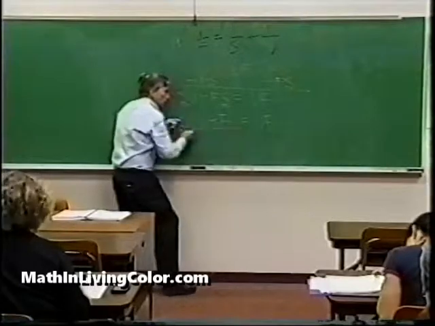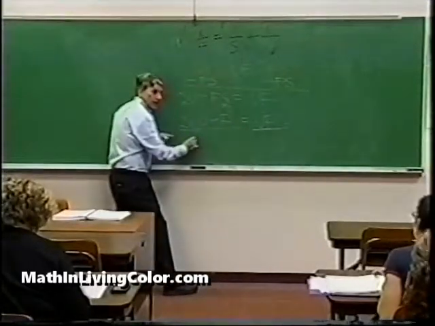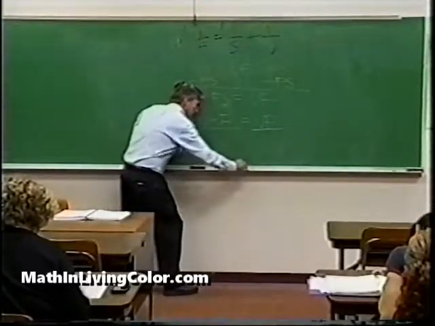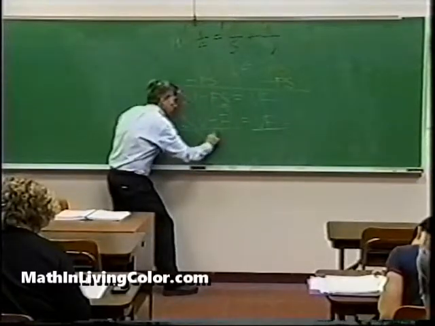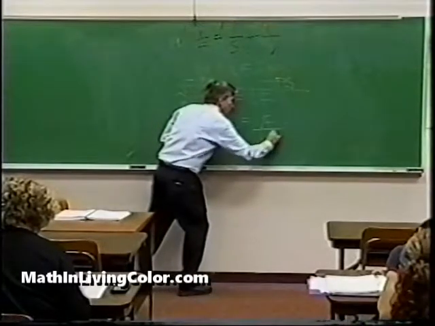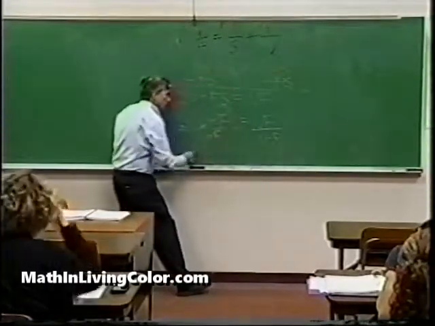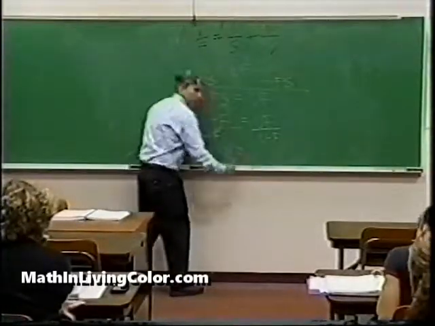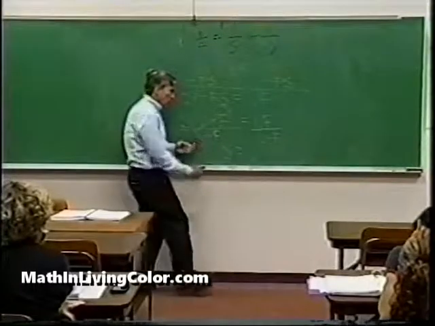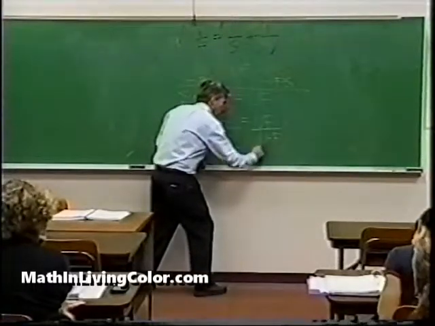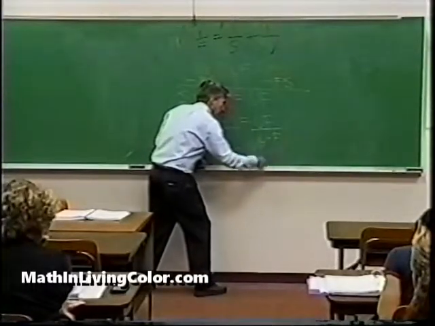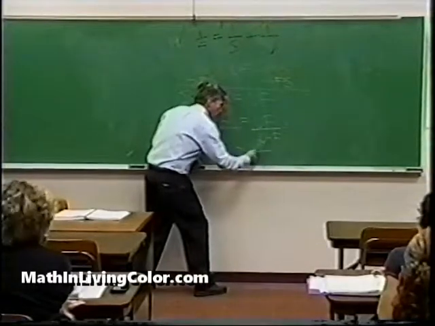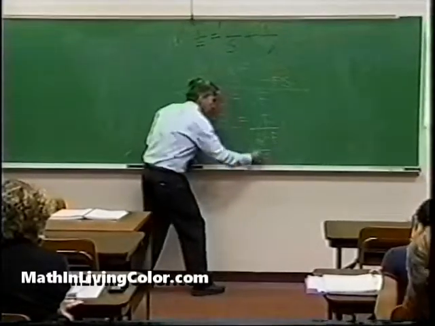We'll have to divide both sides by u minus f. And this divides out, and you're left with s. This is the final answer for the final problem. S equals UF divided by U minus F.